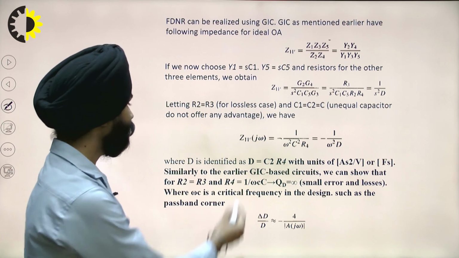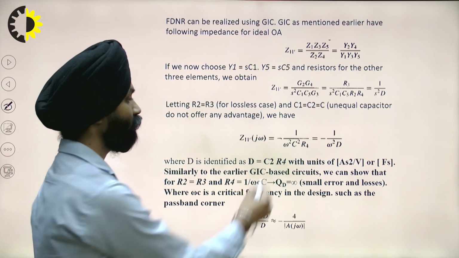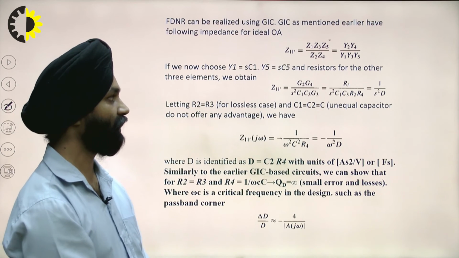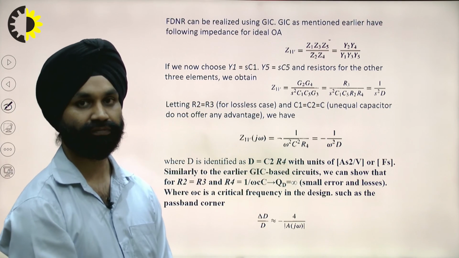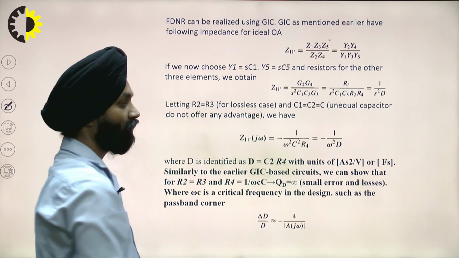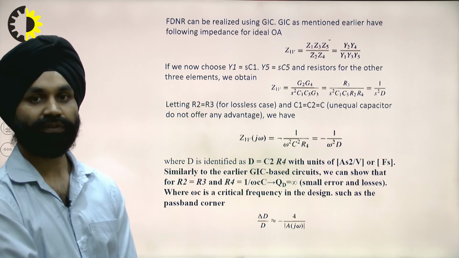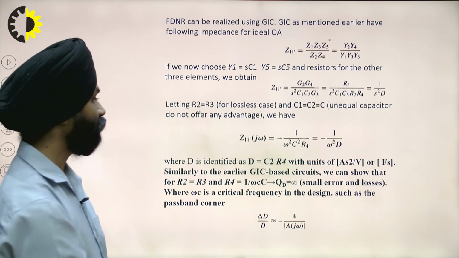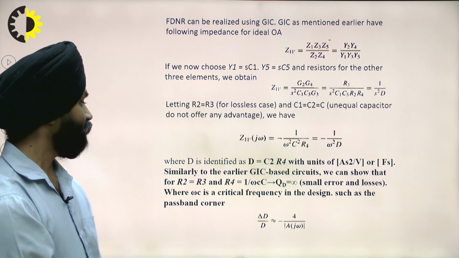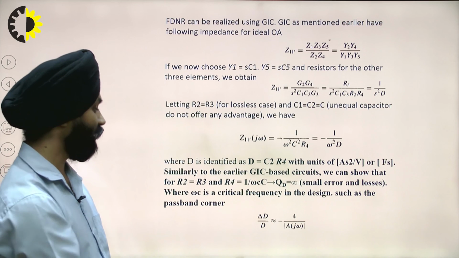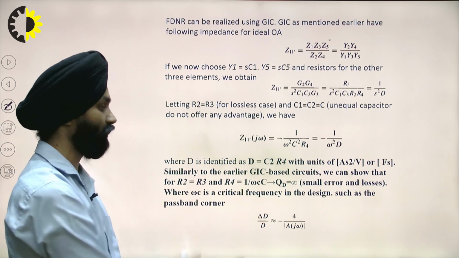Here D can be defined as C1 into C5 into R3 divided by R2 into R4, or C2 into R4 when R3 is equal to R2. It has a unit of ampere square second square by volt, or farad seconds. Similar to the earlier GIC circuits, we can show that we can have R2 equal to R4.